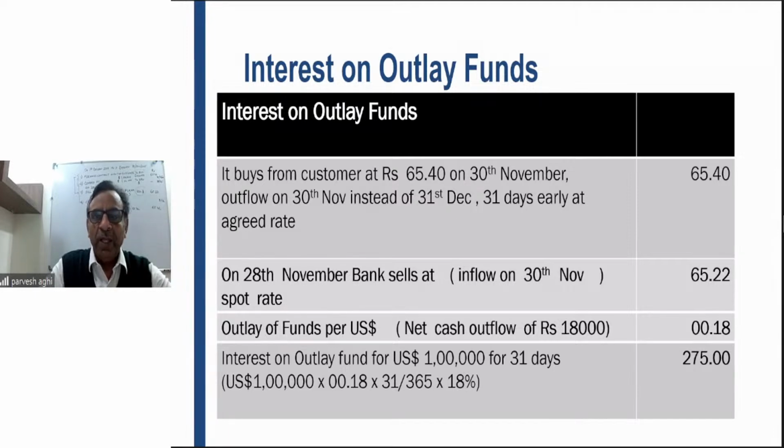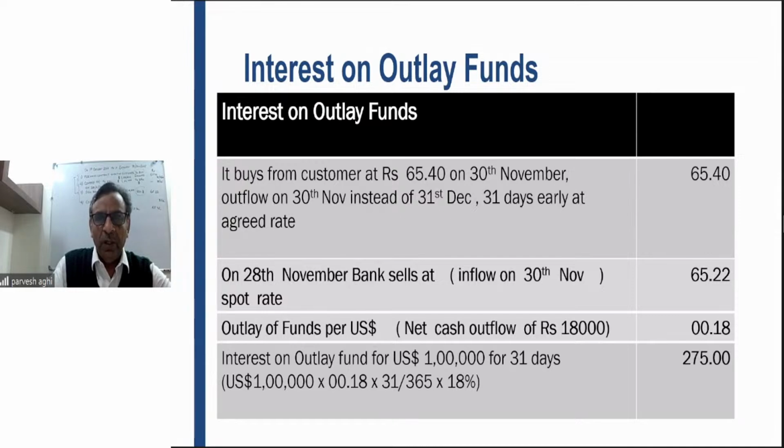So they had to buy the dollars at 65.4 and they had to sell the dollars at 65.2. So there was an inflow and outflow with the bank on 30th of November. In terms of cash flow, it was 0.18 into 1 lakh. So that means 18,000 outflow has happened to the bank. So the bank is going to charge interest on outlay of funds, which is going to be 1 lakh into 0.18 into 31 days, into 3 divided by 365 into 18%.